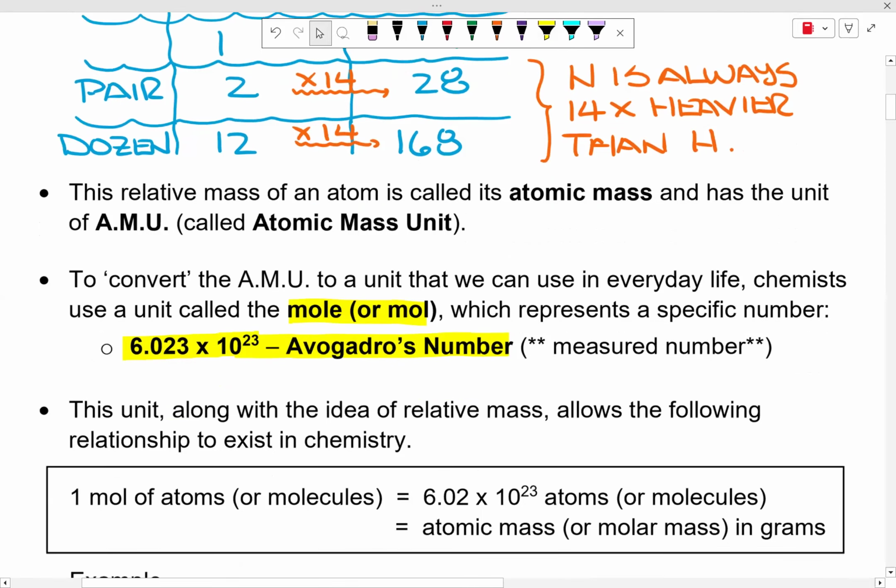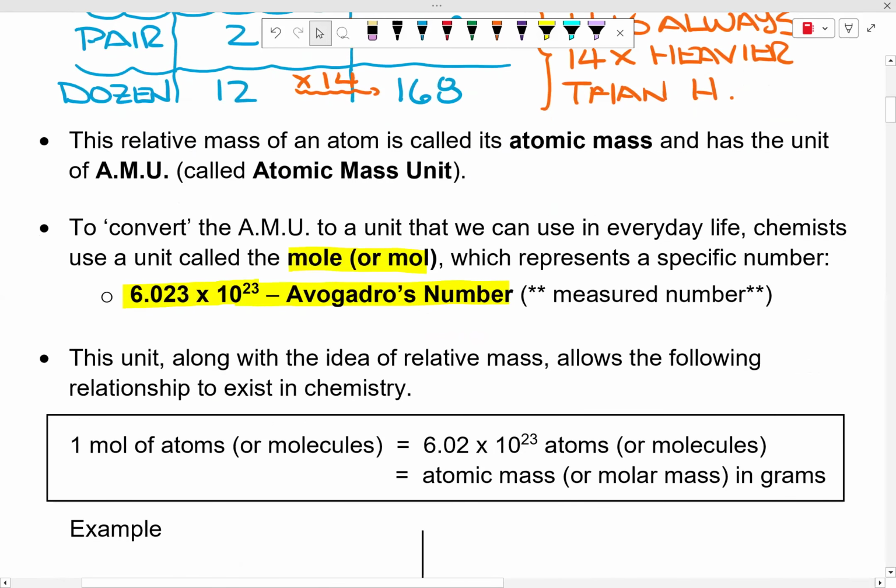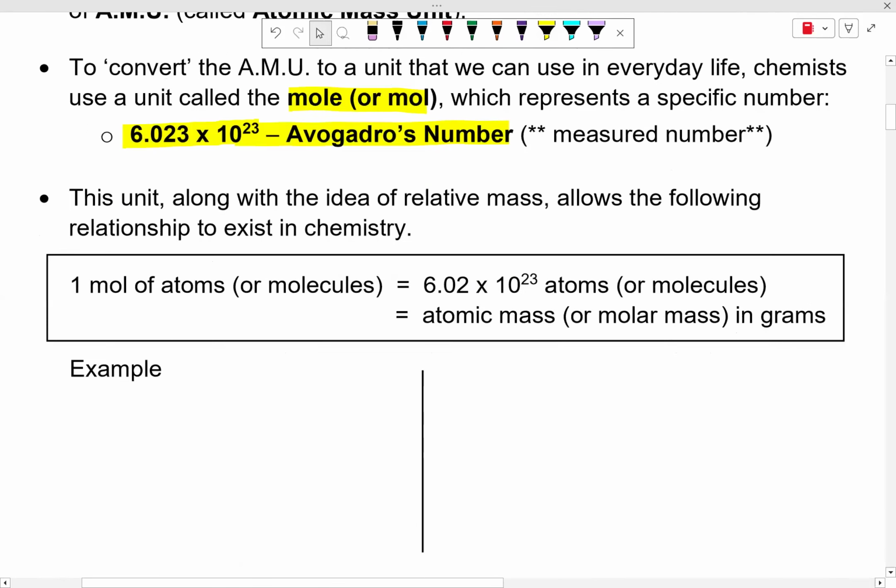Now, this unit, along with the idea of relative mass, allows the following relationship to exist in chemistry. When we have 1 mole of whatever substance, in this case atoms or molecules, we have 6.02 times 10 to the 23, which is equal to the atomic mass or molar mass in grams. What do I mean by this?